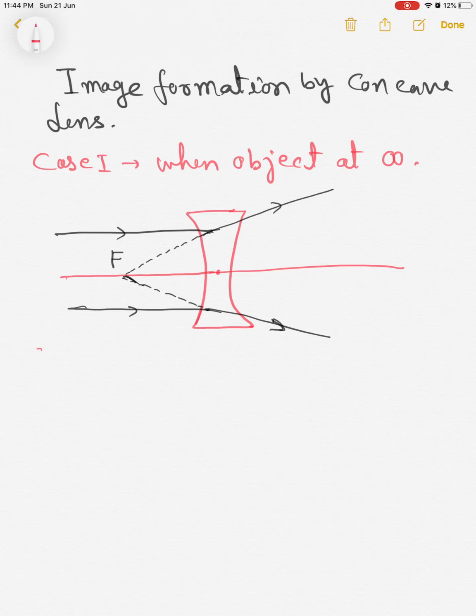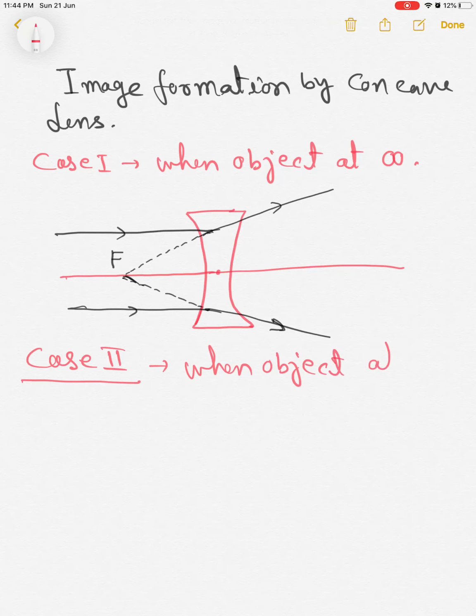Now, case 2, when the object is at any point on the principal axis.